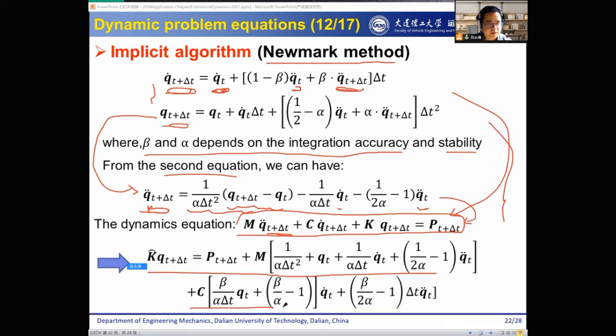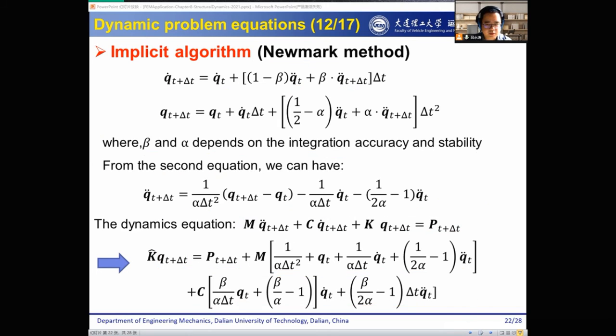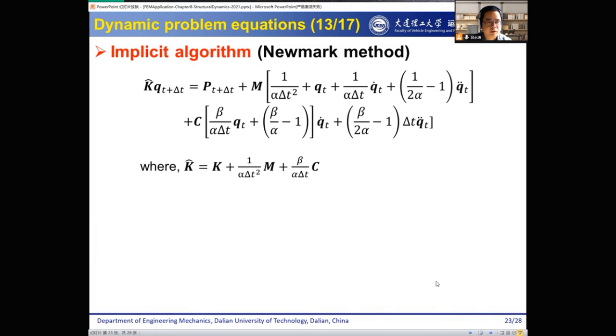We can say this is much more complex than the explicit algorithm. Look, this is the parameter we want to solve: the displacement at t plus delta t. It is a function of the previous displacement, the previous velocity, the previous acceleration, and so on.